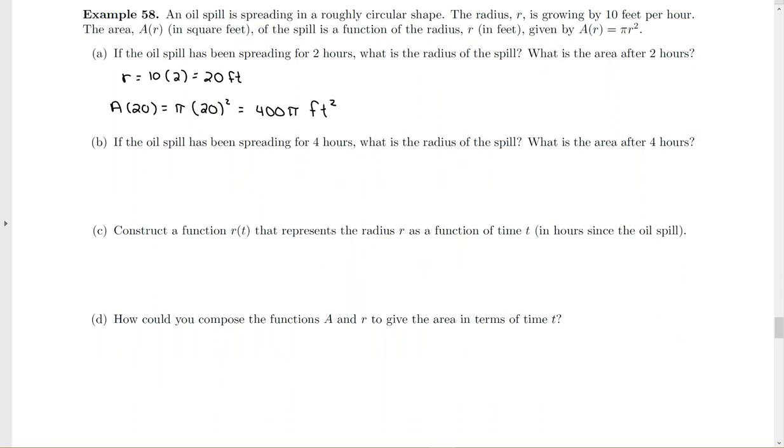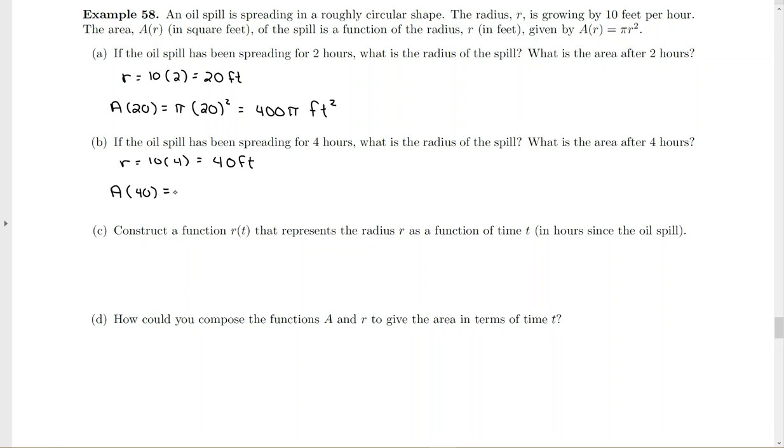So if it's been spreading for 4 hours, what's the radius? Well, again, every hour it grows by 10 feet. So after 4 hours, 4 times 10, it should be 40 feet. And then the area after 4 hours, well, the radius is 40 feet.